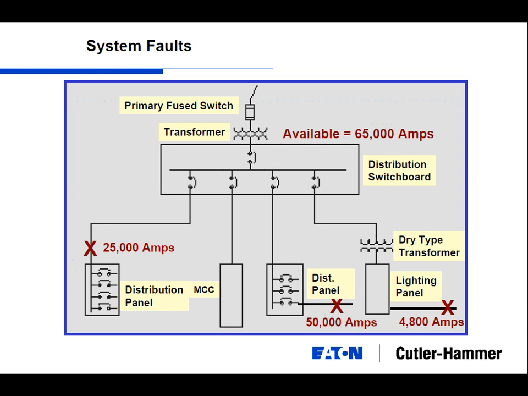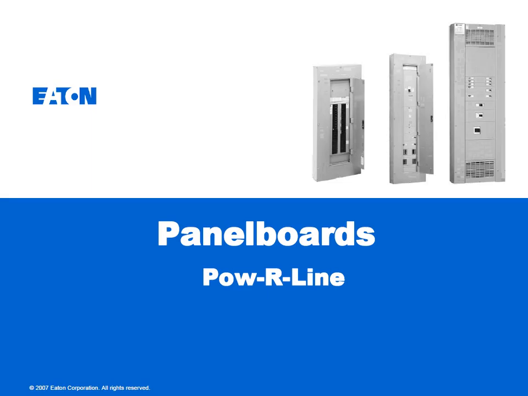You're not changing the voltage, but you're taking advantage of the impedance. We'll come back later, I think we may talk about selective coordination. I'll touch on that, and we'll see why this may come in handy. But what we're going into now is more the products.